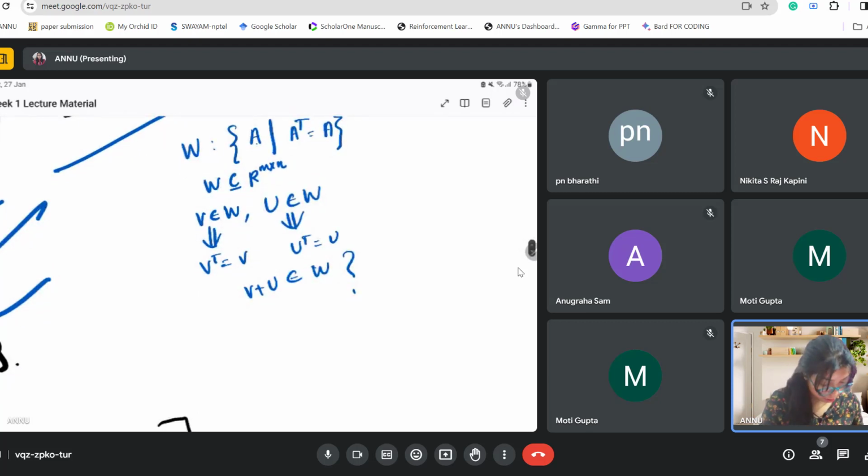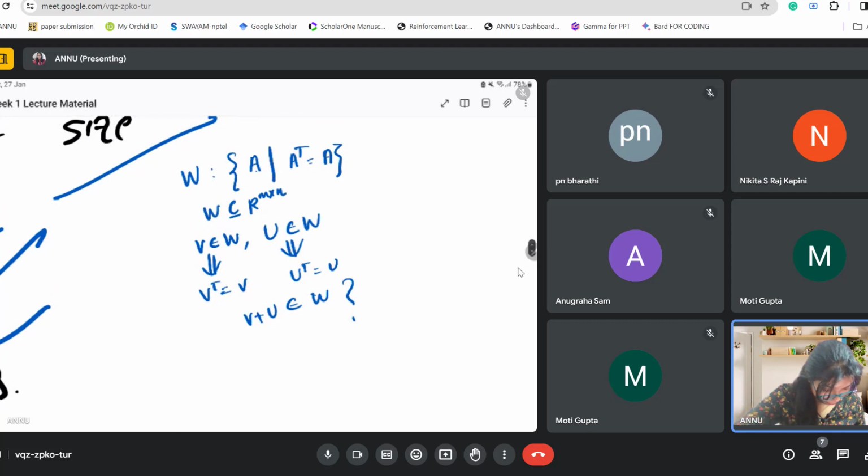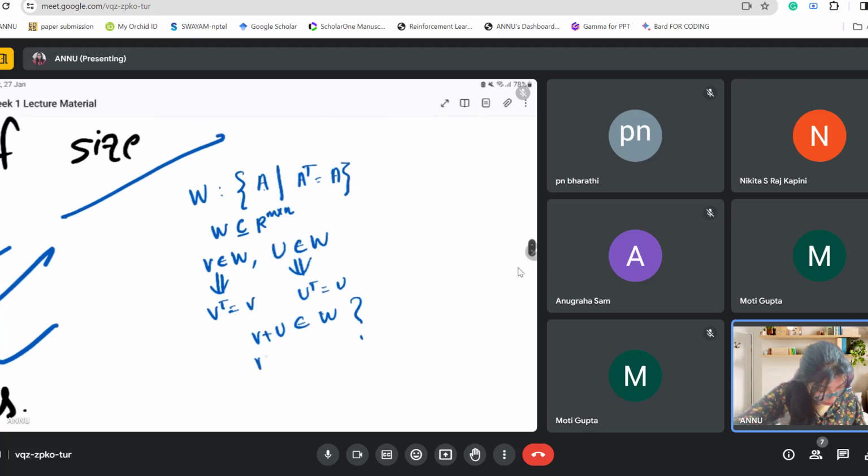Yes or no? Since this is equal to V transpose plus U transpose, and here V is of size m cross n, so the transpose will also belong to the same space. So yes, this is also a subspace.